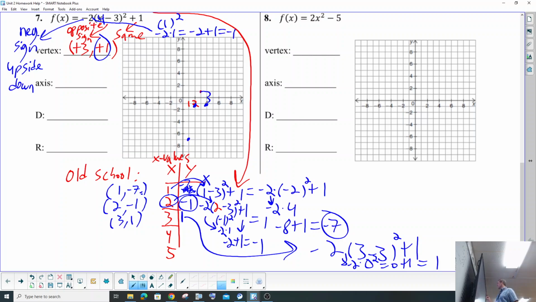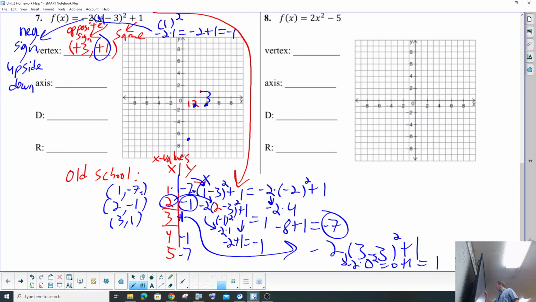And you're probably going to get -7 down here as well. So we get a -7 to start off with for our parabola, then -1, then +1, and then -1, -7.